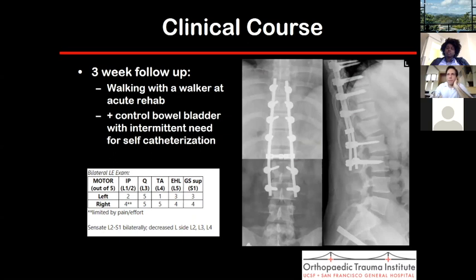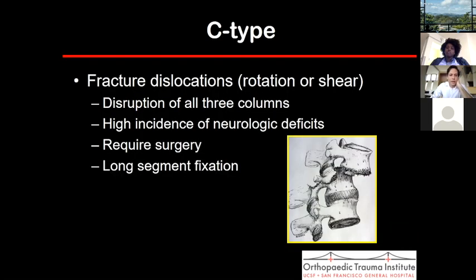But really the stability becomes important for the patient's subsequent nursing care, and moving them in bed and bathing and all of that. So again, the C-type injuries: disruption of all 3 columns with translation, high incidence of neurologic deficits. These are all operative and typically have long segment fixation.